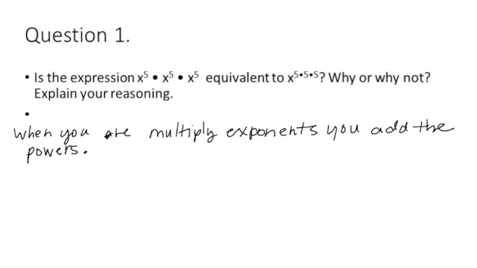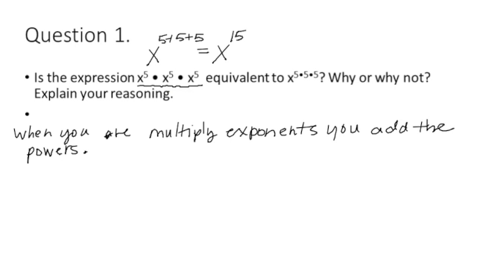This is x to the 5th times x to the 5th times x to the 5th. We're multiplying these exponents, so I'm supposed to add these powers. So that means that in this example, this is going to be x to the 5 plus 5 plus 5, which is equal to x to the 15. Okay, so that is the value of this expression.